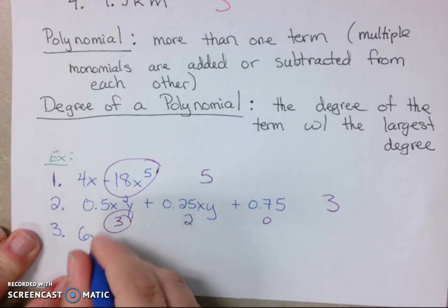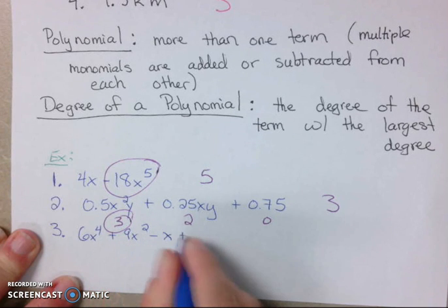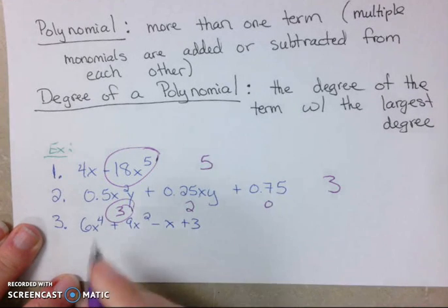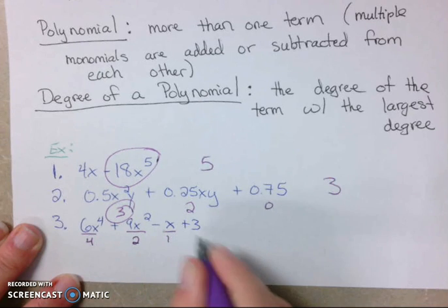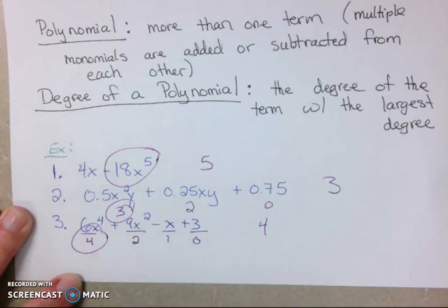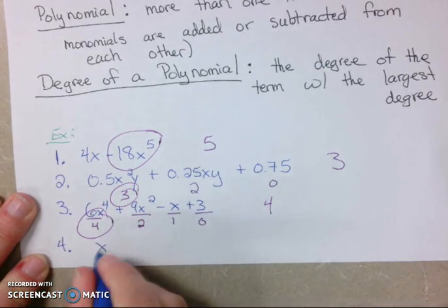Okay, we got a couple more examples. This one has a degree of 4, degree of 2, degree of 1, degree of 0. So our degree is 4 for that polynomial. And then one more.